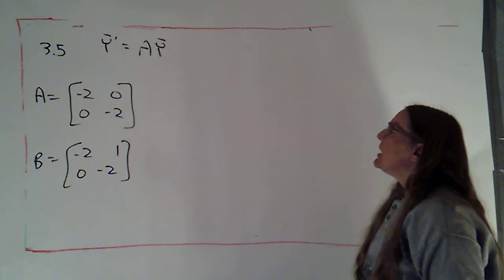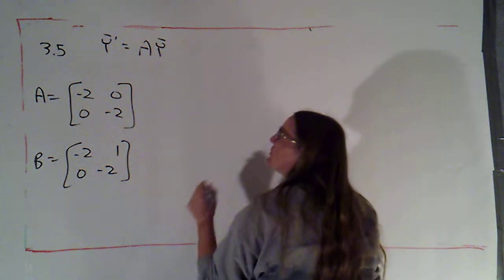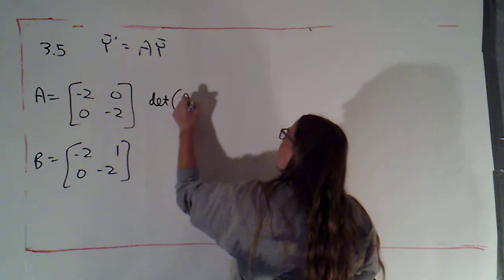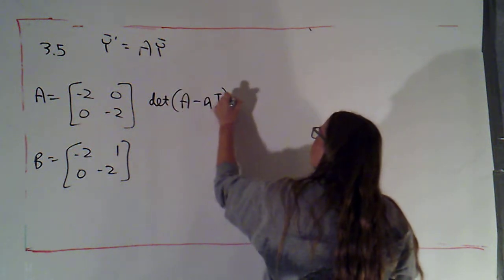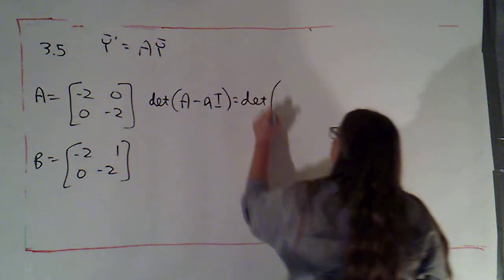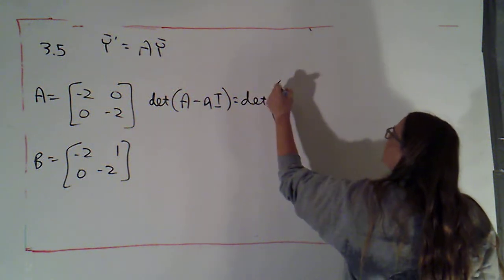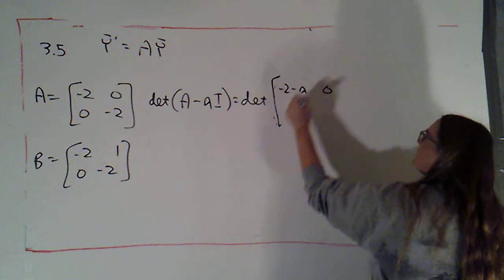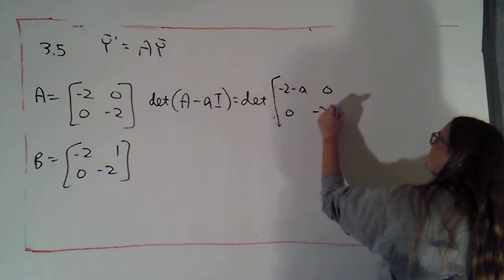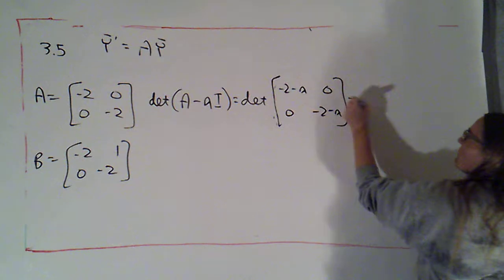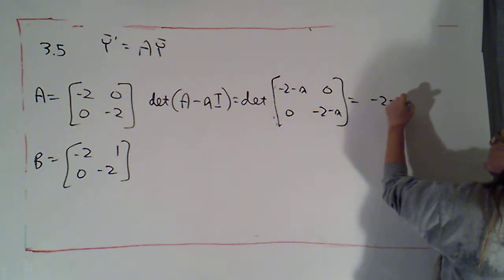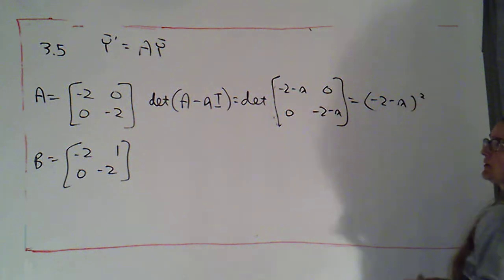Okay, so if I were to look at the determinant of A minus lambda I, that would be the determinant of the matrix -2 minus lambda, 0, 0, -2 minus lambda, and that would equal -2 minus lambda squared.